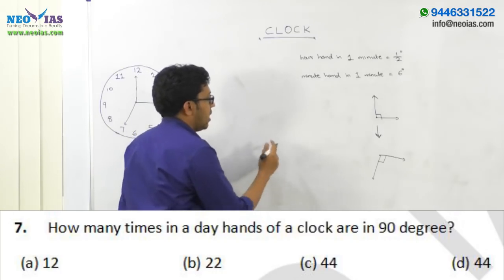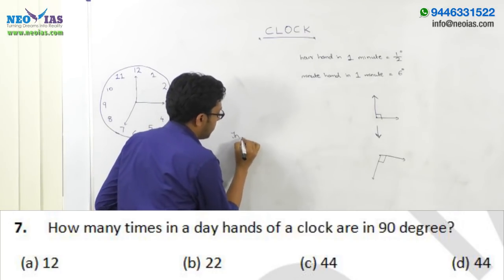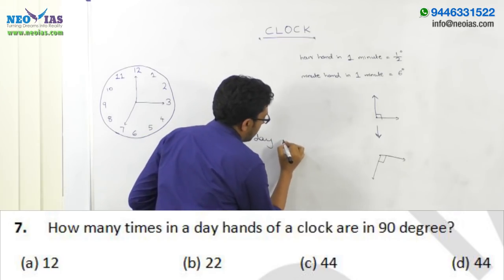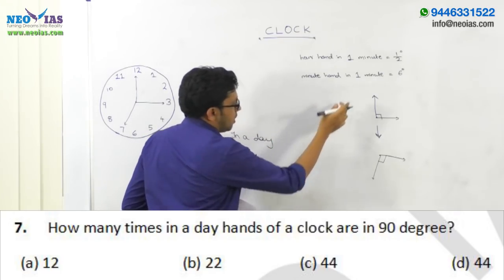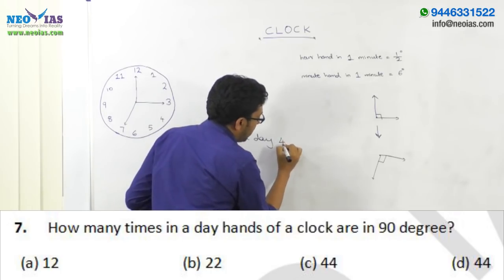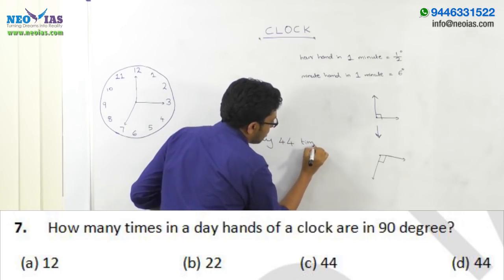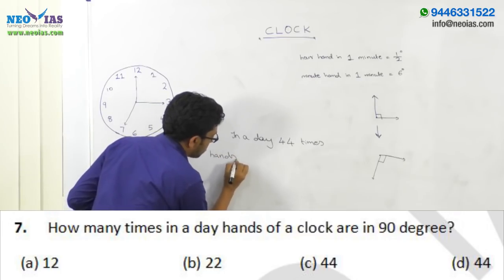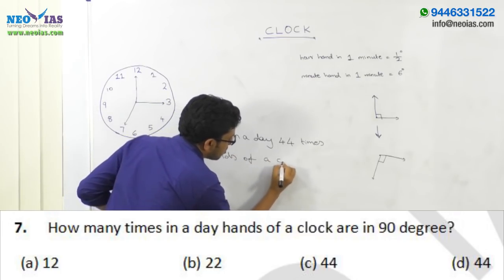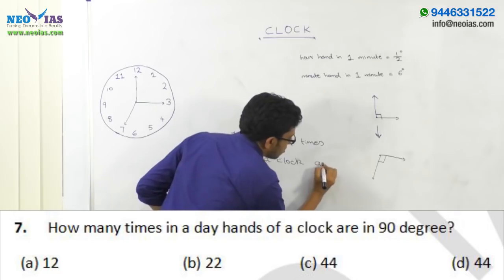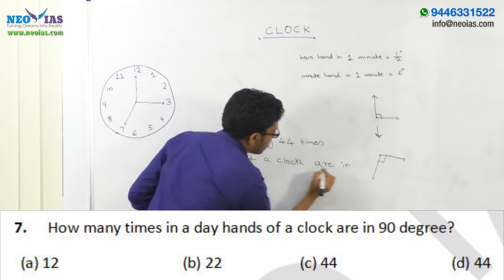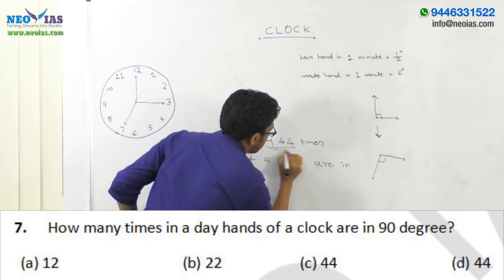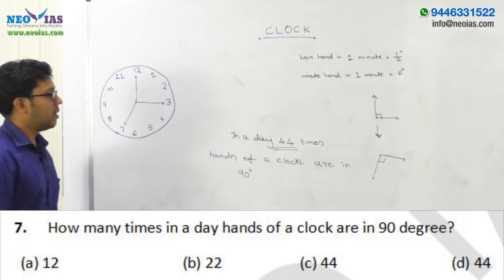That is, in a day, like the straight line, 44 times the hands of a clock are at 90 degrees.